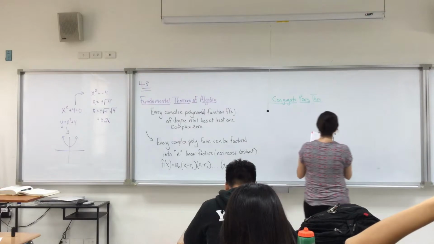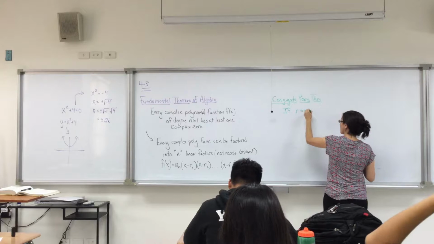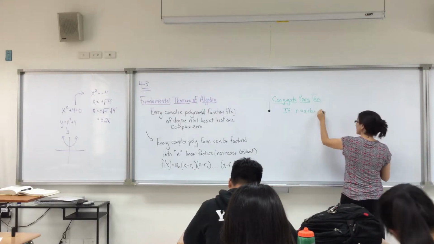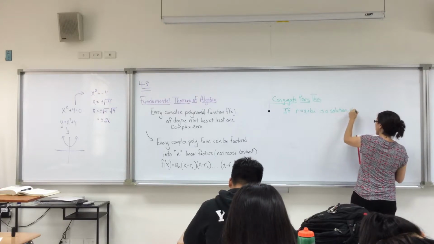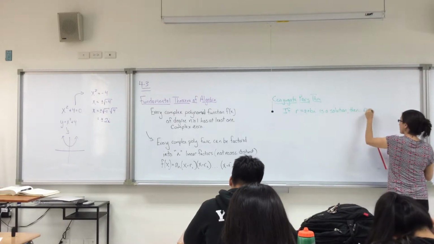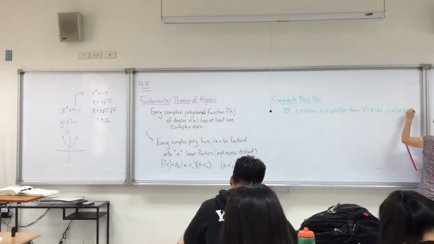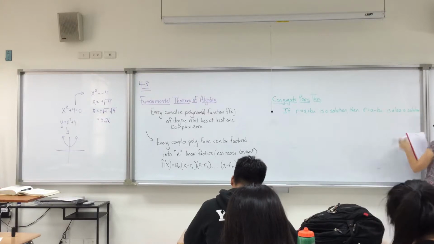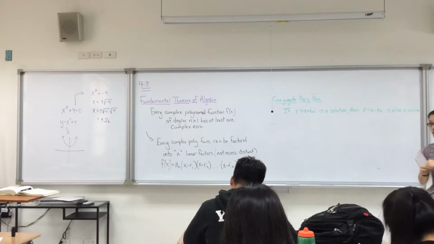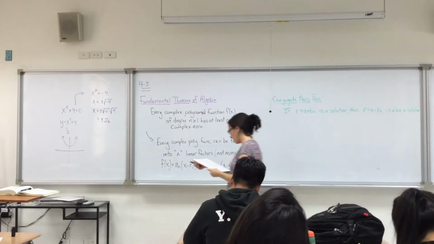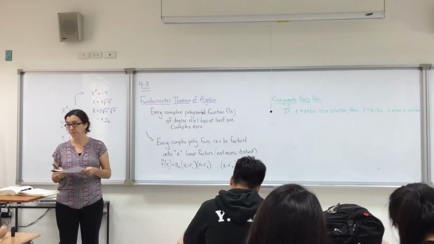So the conjugate pair theorem says basically if r equals a plus bi is a solution, then r equals a minus bi is also a solution. So if you wanted to write that out as a sentence, you would basically say all complex numbers appear in conjugate pairs. They're always the plus or minus. They always come together like that.